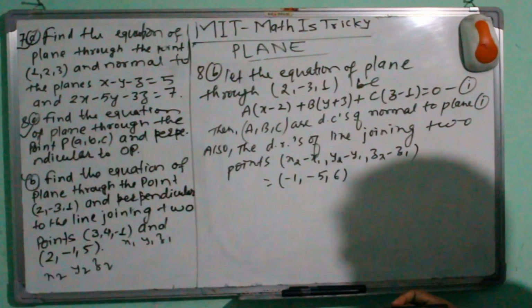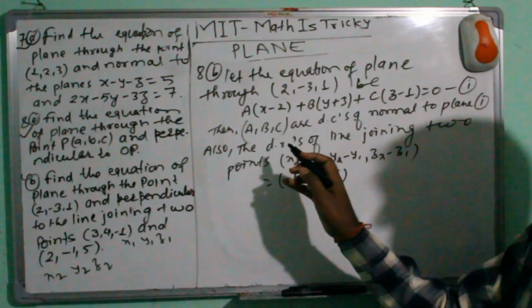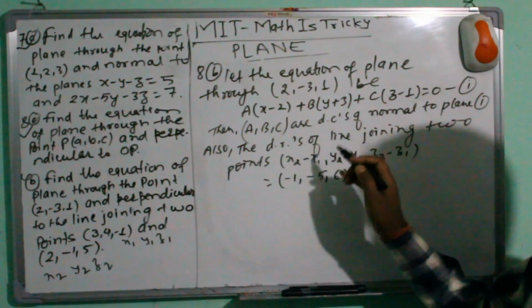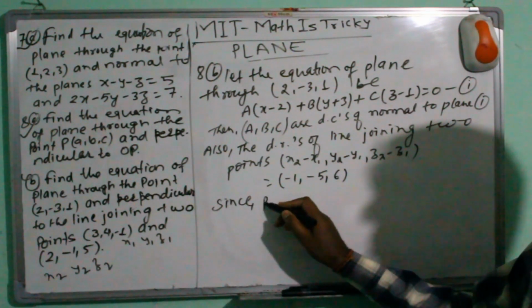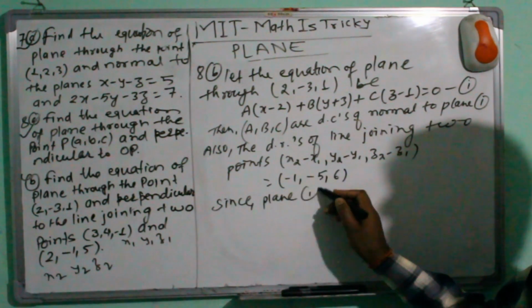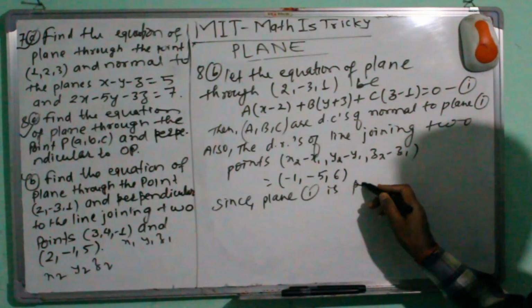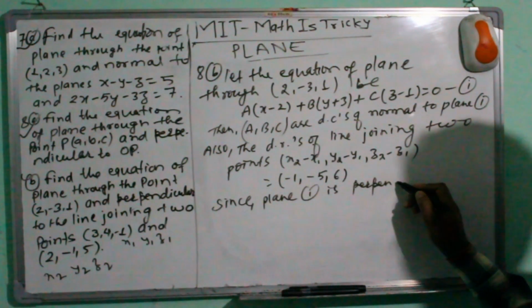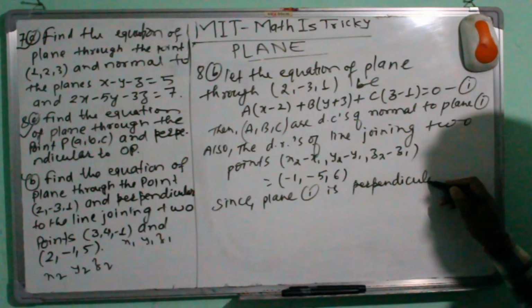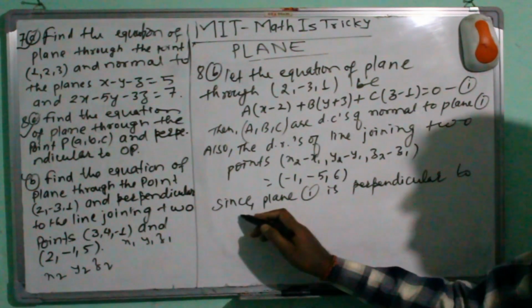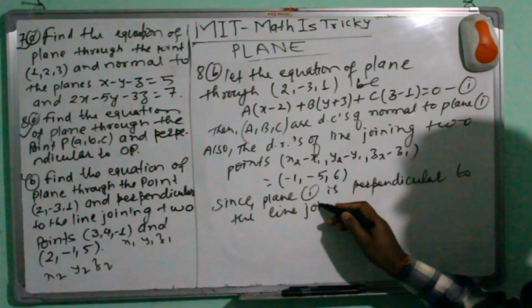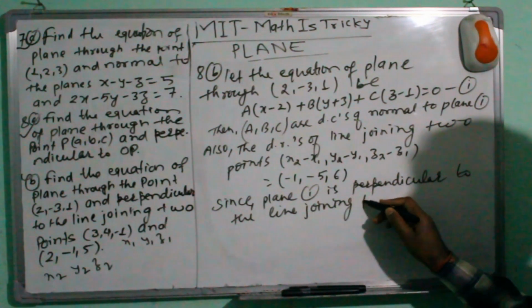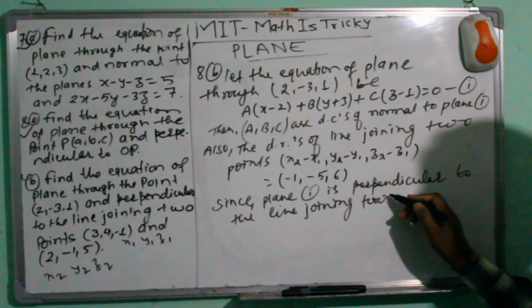Now we know that plane 1 is perpendicular to the line joining 2 points.